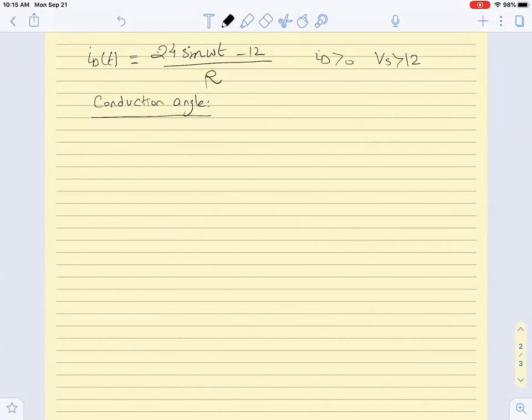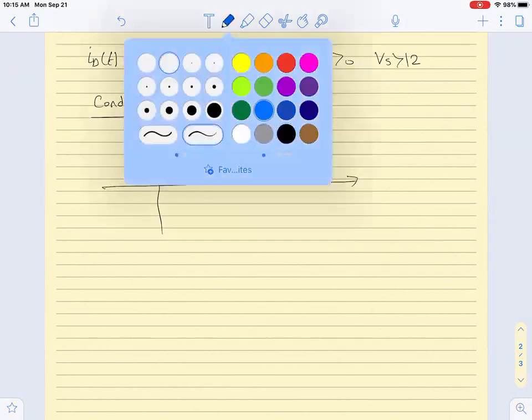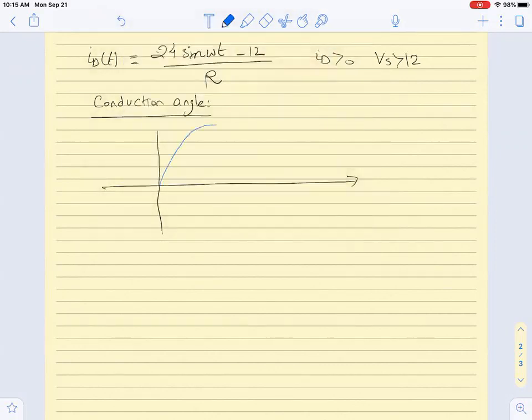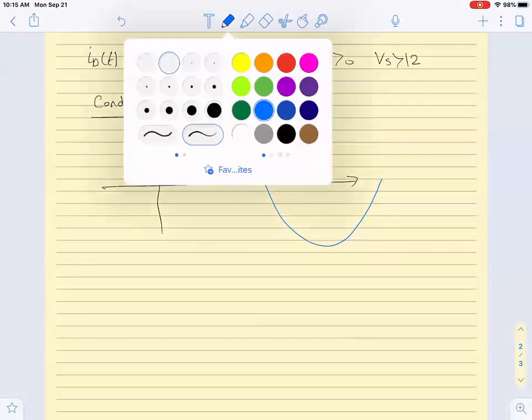is, if we look and draw the signal again, so we can clarify it on the drawing. If this is Vs of t again, let us draw Vs in blue. So this is Vs of t over 1 period, and this is the current.